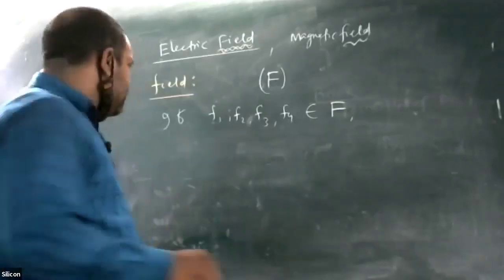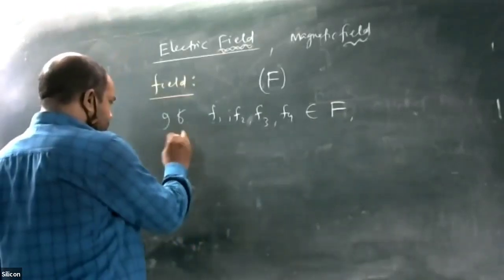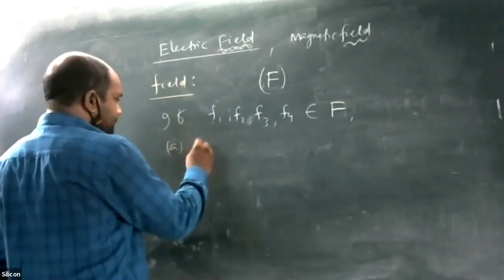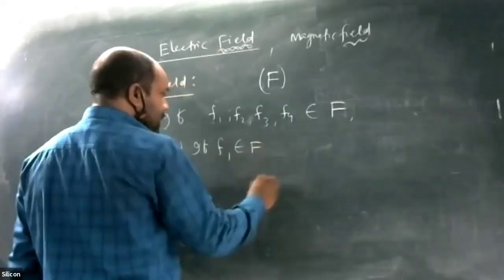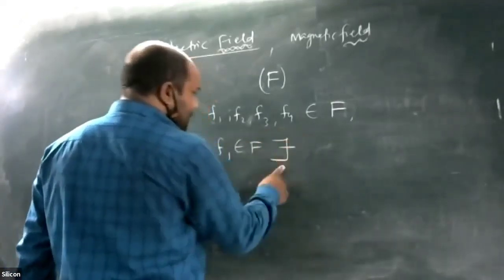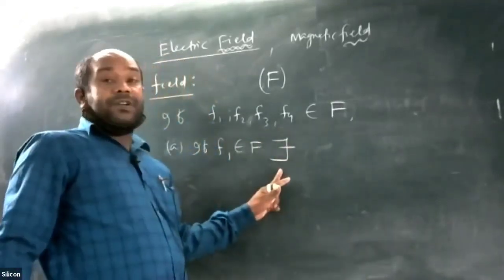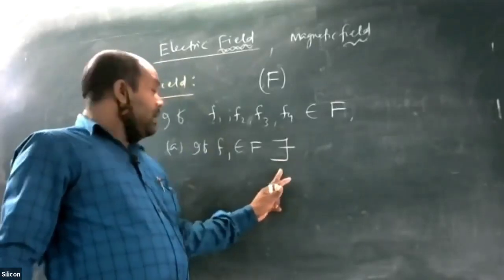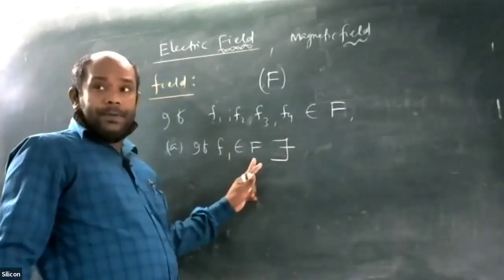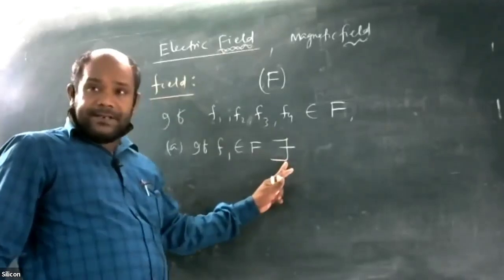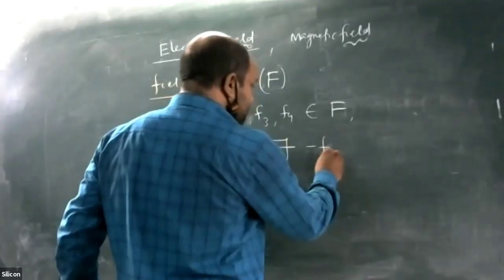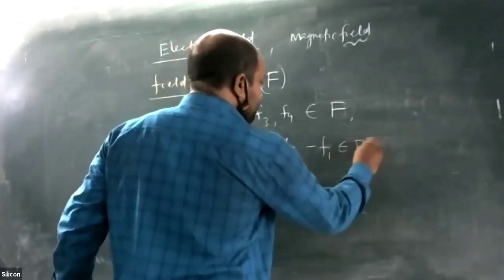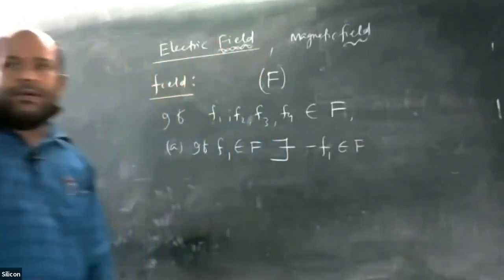What are the conditions? First one: if F1 belongs to F, then there must exist, this symbol we call there must exist, minus F1 belongs to F. Number one condition.